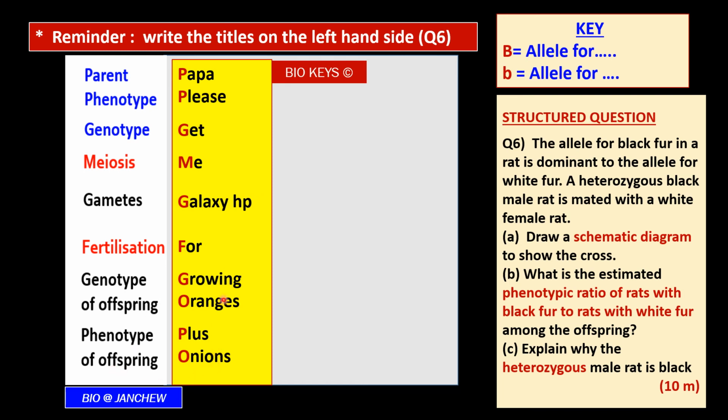If you memorize this memory aid, it will help you remember the titles better, in case you have to write it out for your essay answer or even for structured question answers. Sometimes in the structured question the titles will be given, sometimes they are not. So you can use this BioKeys memory aid to help you.